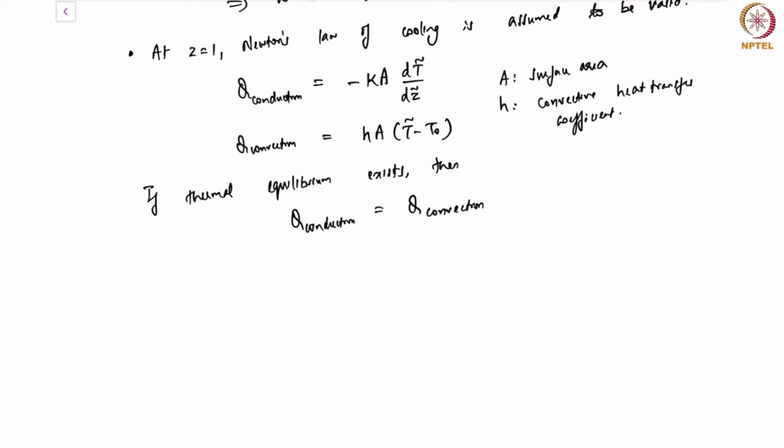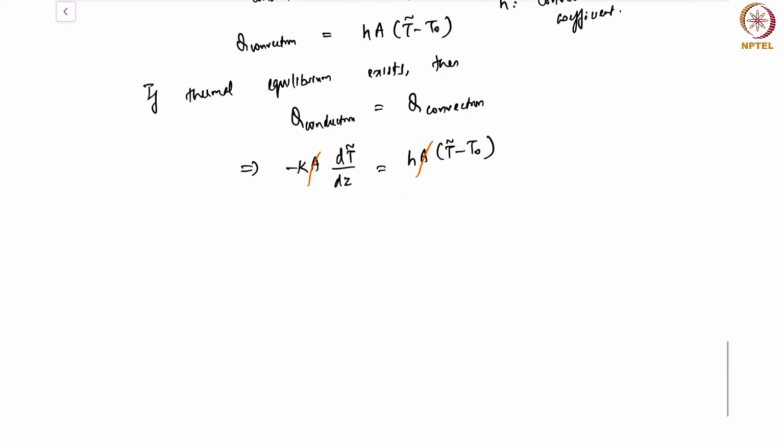Now again we are assuming that the atmosphere above is held at a constant temperature T naught, but the temperature of the interface itself can vary in space. So if we write down these two, then we have minus K A dT by dz will be H A (T minus T naught). And naturally the horizontal surface area does not matter.